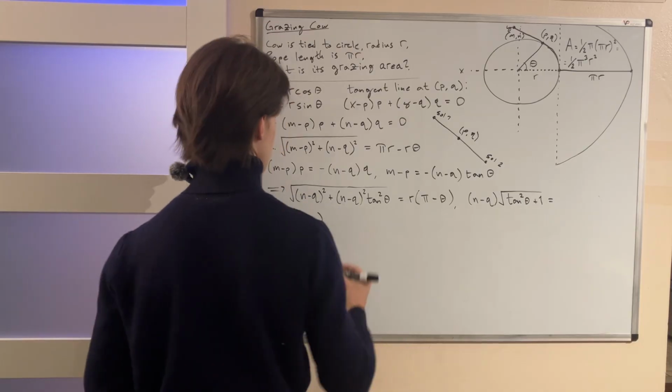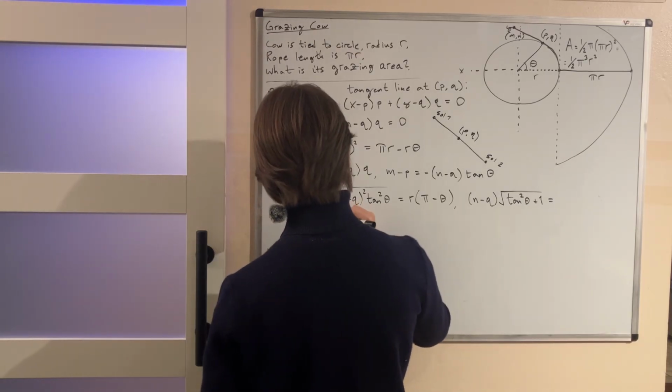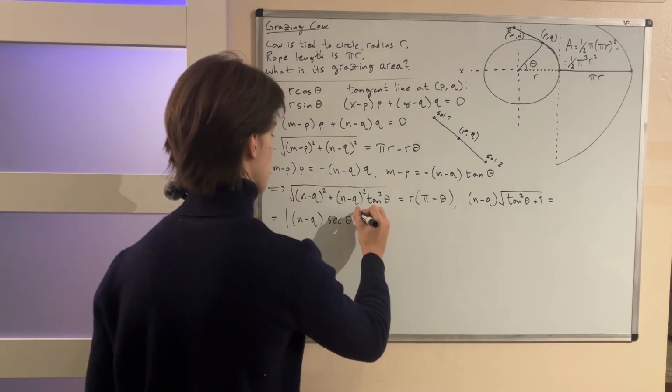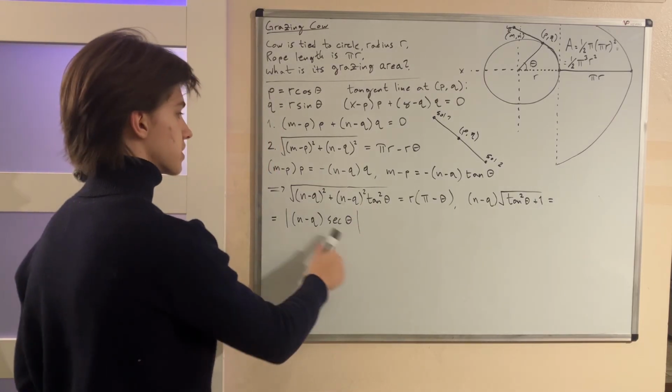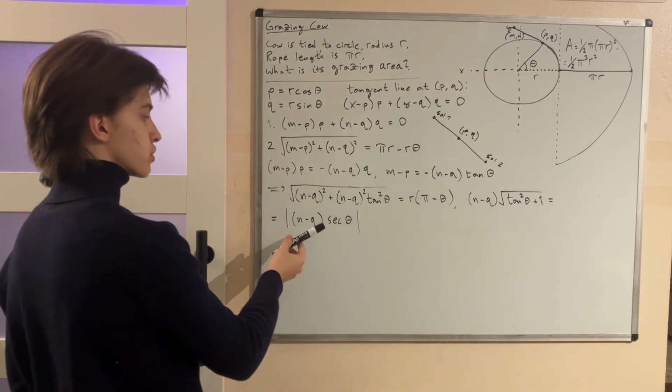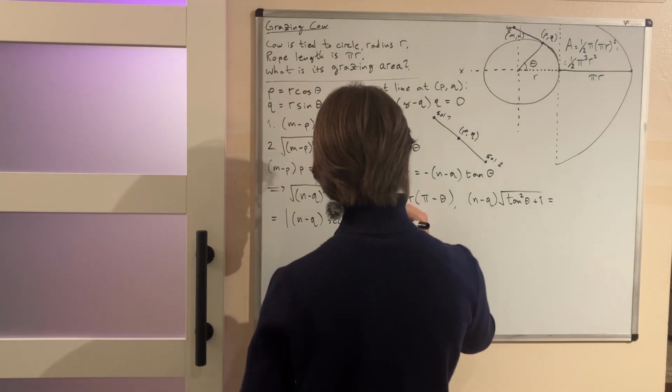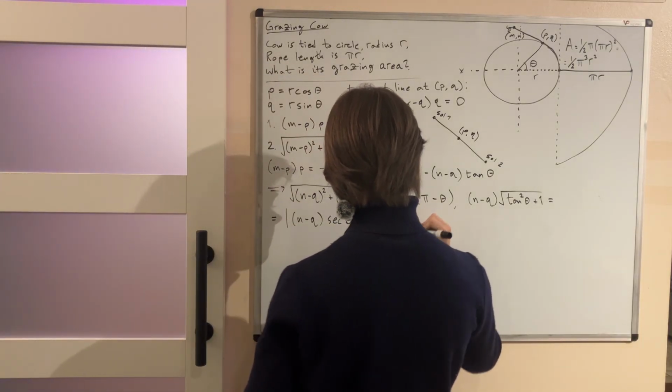Therefore, the square root of it is the secant of theta. And since we are taking stuff out of the square root, we have to put absolute value bars around the entire expression. And so the absolute value of this is equal to r times (pi - theta).